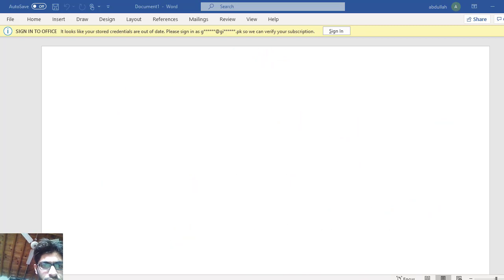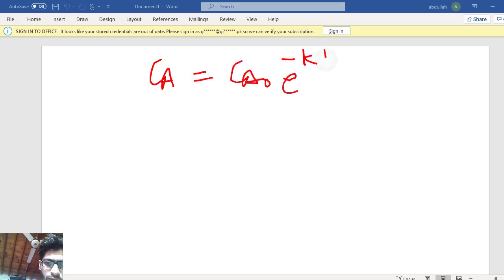We can also write this equation graphically: CA is equal to CA naught e to the power minus kt. At time t equal to 0, CA will become CA naught.